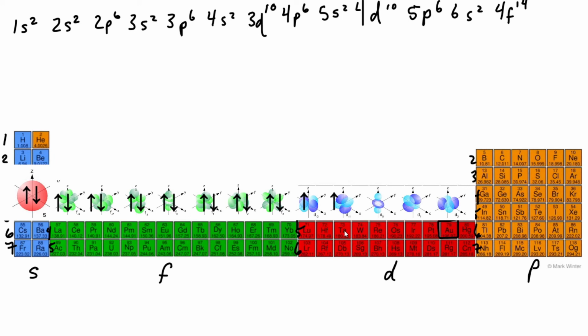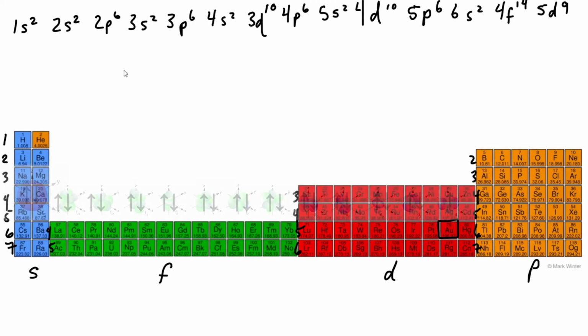So we have 1, 2, 3, 4, 5, 6, 7, 8, 9. So that is 5d9. And that is the electron configuration for gold. So these are the numbers of orbitals, the types of orbitals, and the numbers of electrons in each of those orbitals in any neutral gold atom.